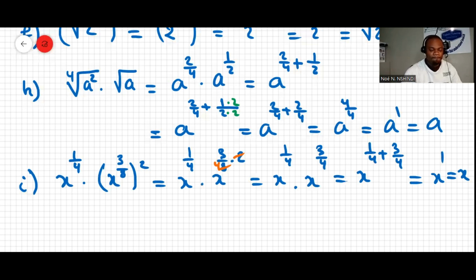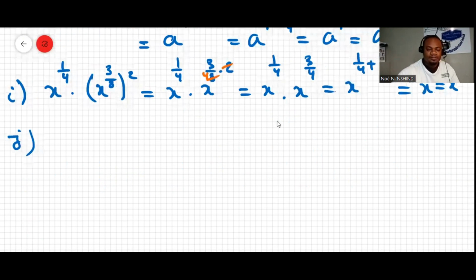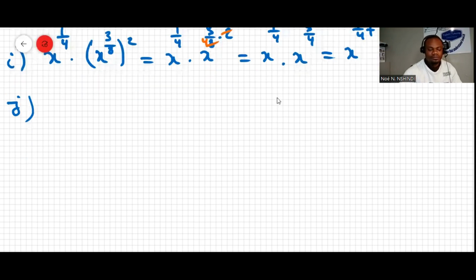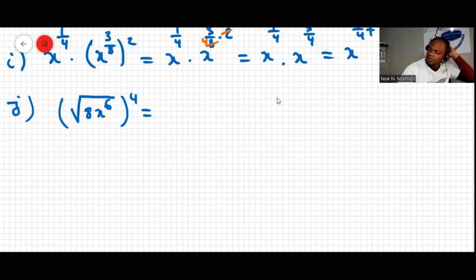Okay, and then j. This is square root of 8x to the power of 6 all to the power of 4. I'll solve it differently. We can break this root.